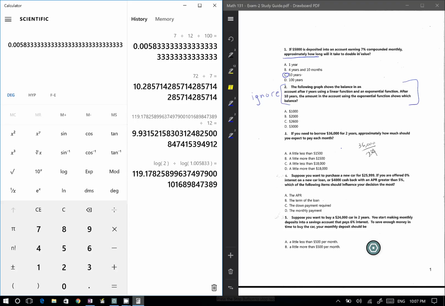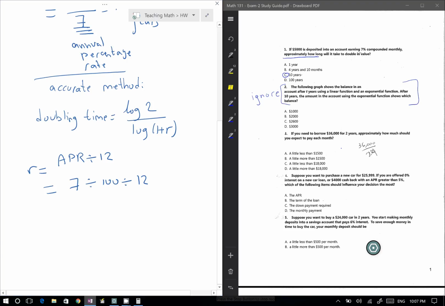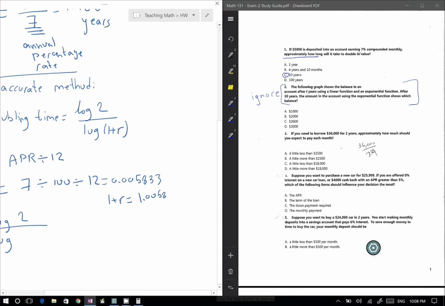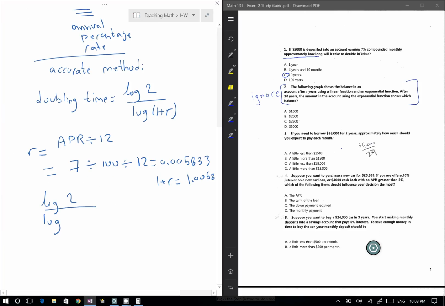So R is 0.005833. So my time is log 2 divided by log 1 plus R, which is log 1.005833.